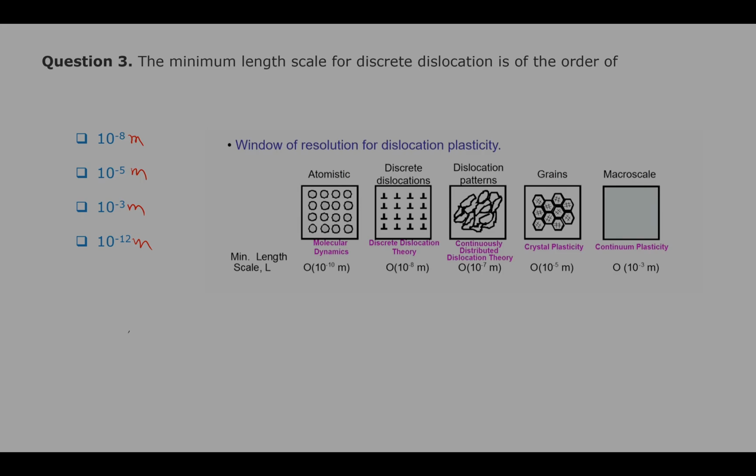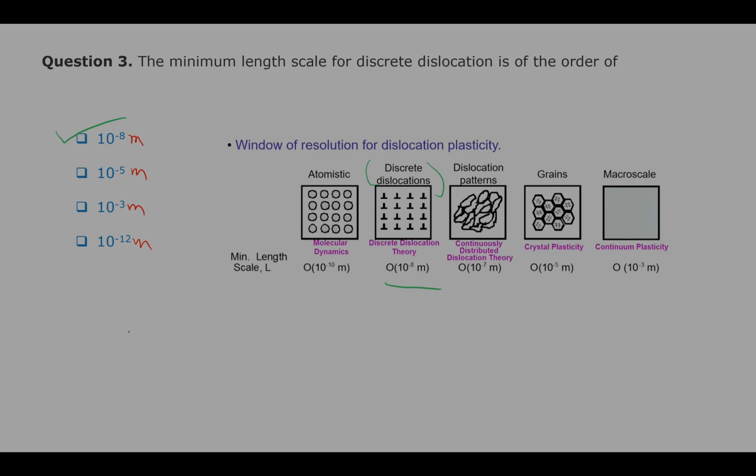Now the question is asking about the minimum length scale for discrete dislocation. Discrete dislocation is straightforward. The professor has already taught that it is around 10 to the power minus 8 meter. So the answer will be this one.